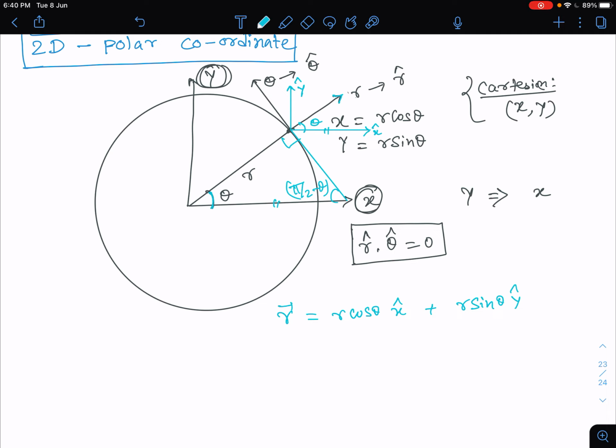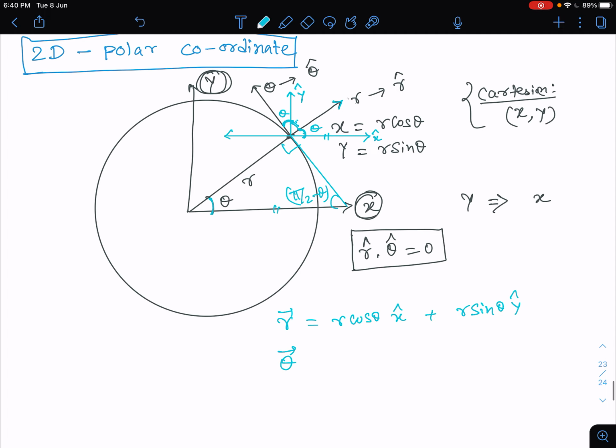And what about theta cap? If you want to break it down, if this angle is theta, this angle is also theta, because this and this add up to 90 degrees, and this and this also add up to 90 degrees, so these two angles are equal.